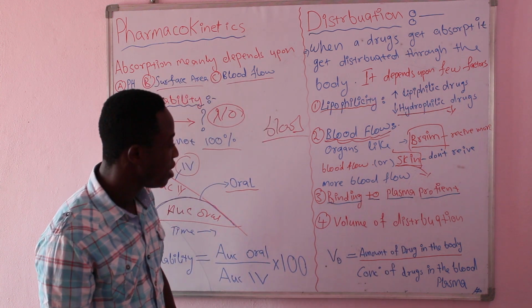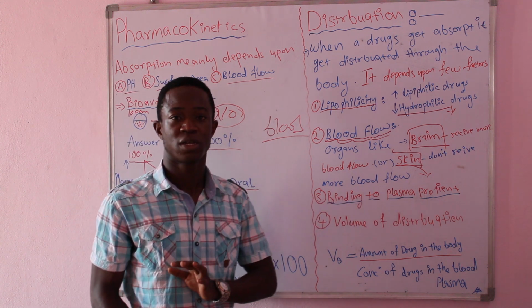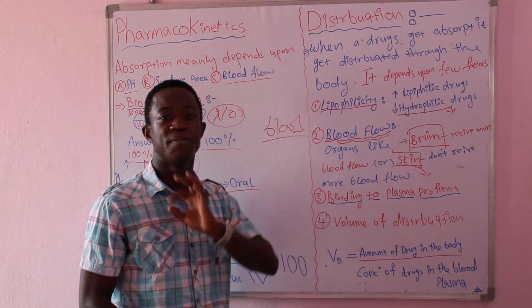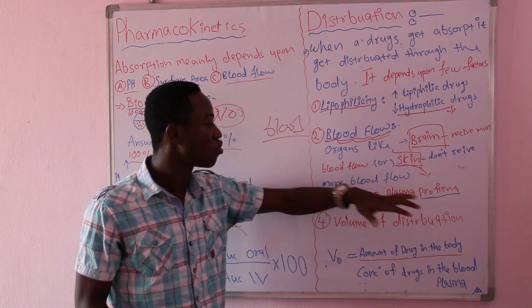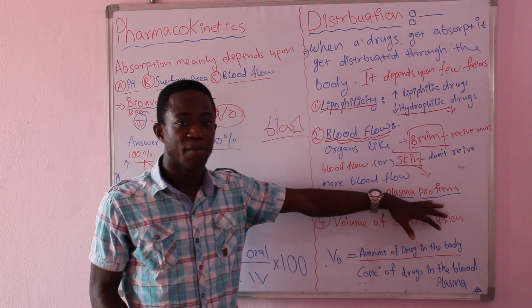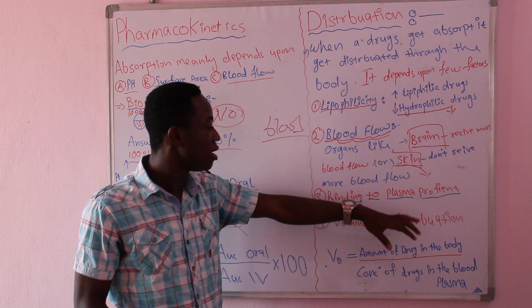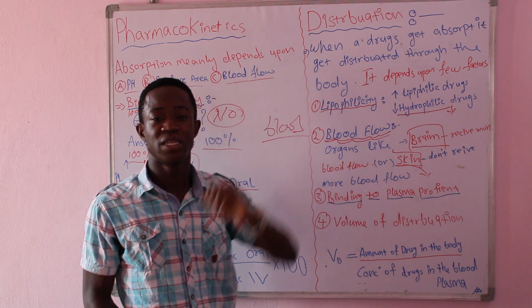Another factor here is binding of plasma protein. Only drugs that are in a free form will be metabolized. When the drug is administered to a patient, some will bind with the protein albumin. There is a binding protein in the body. So these drugs will bind to proteins and they will not be distributed.